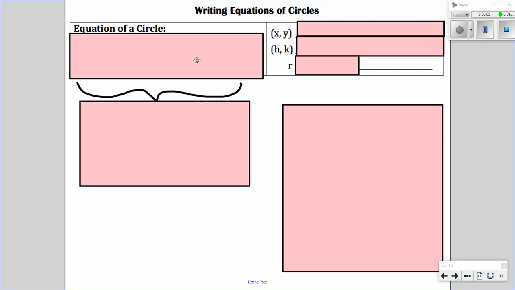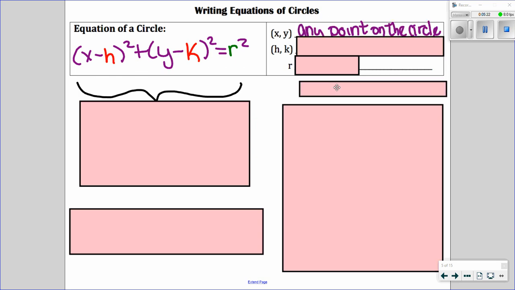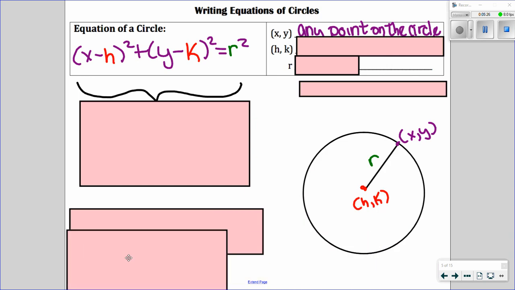When writing equations of circles, we need to know what the equation of a circle is. This is the equation of a circle: (x minus h) squared plus (y minus k) squared equals r squared. The x and the y, the one that I put in purple, represents any point that is on the circle. So I'm going to show you the circle.